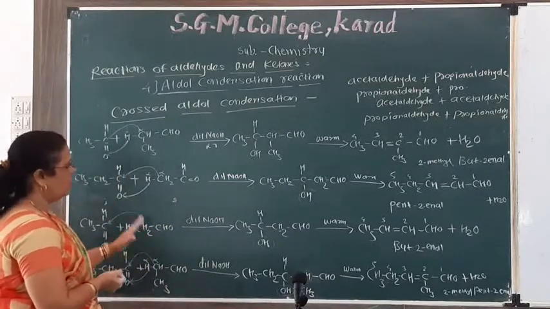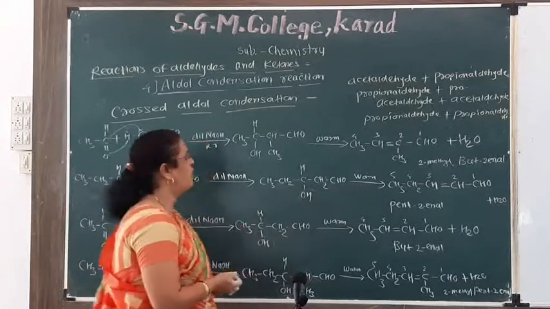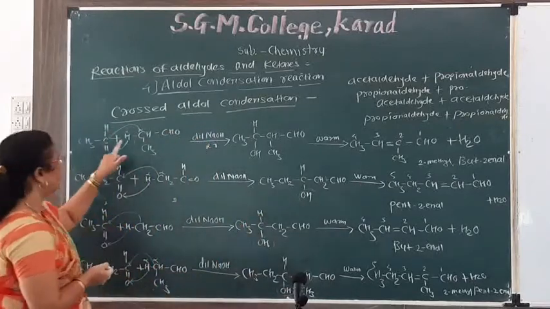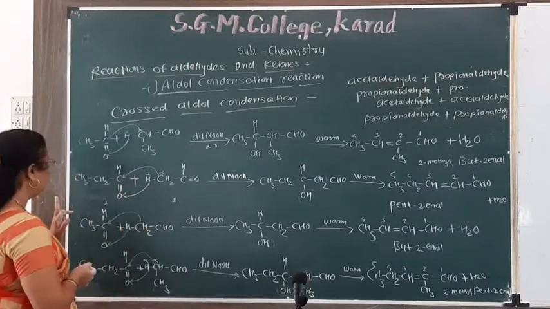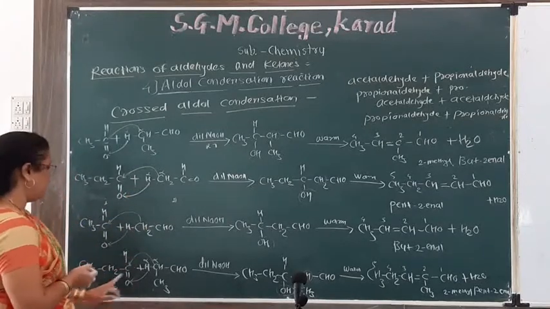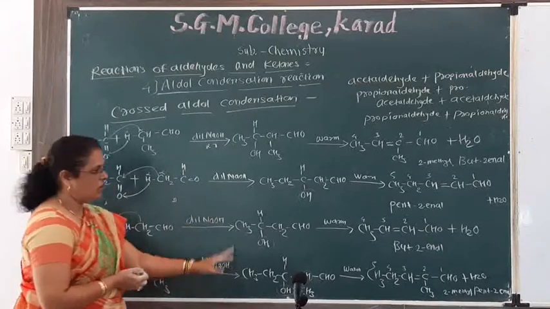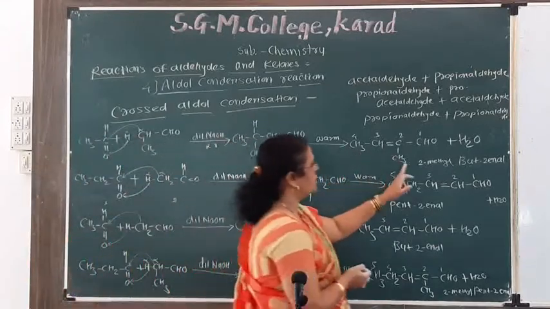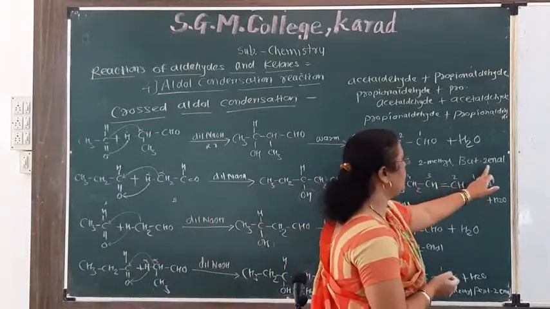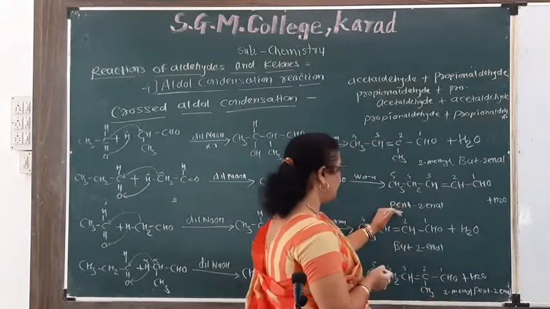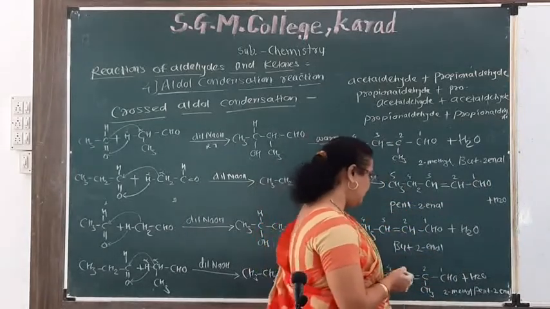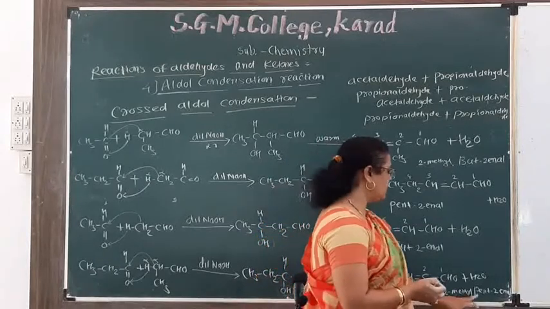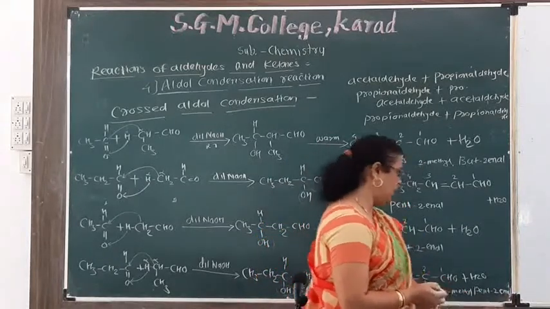Total 4 products are formed in the case of ethanal and propanal. We get 4 products: first 2-methylbut-2-en-al, second pent-2-en-al, third but-2-en-al, and last 2-methylpent-2-en-al.